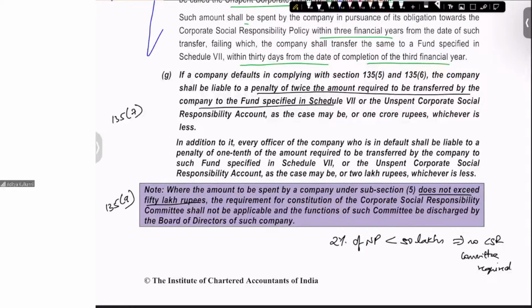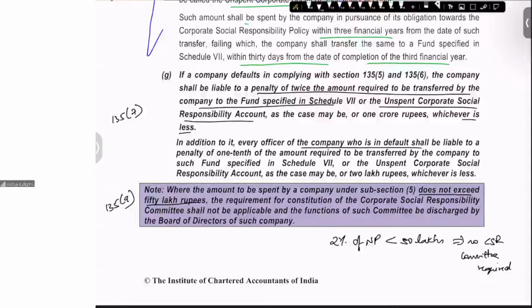That is if you do not have an ongoing project, or the unspent CSR account. This is if you have a project, as the case may be, or rupees 1 crore, whichever is less. Whichever is less. In addition, every officer in default, etc.